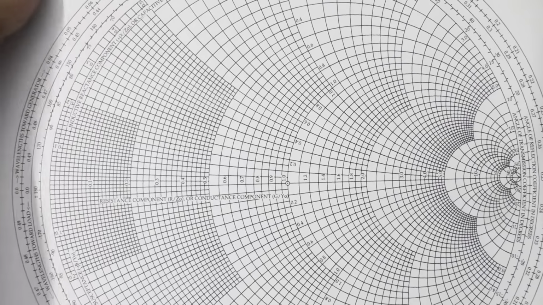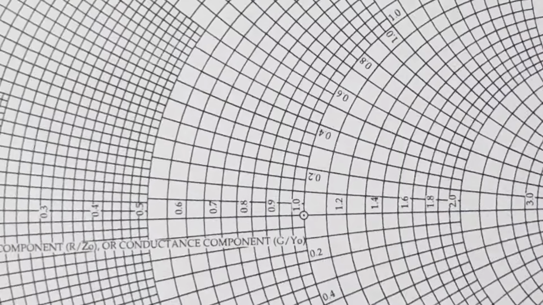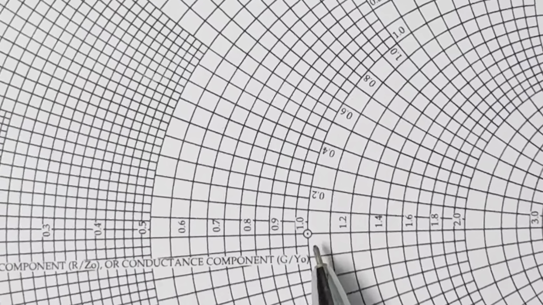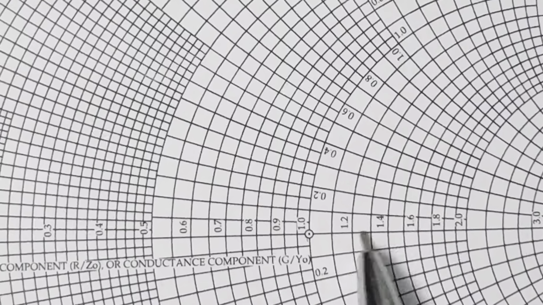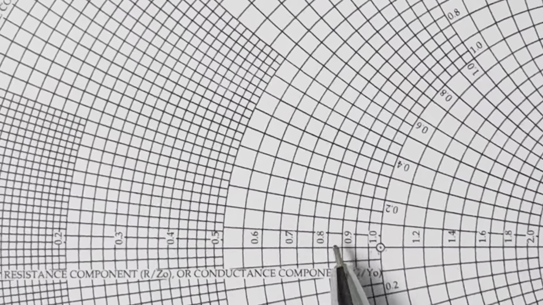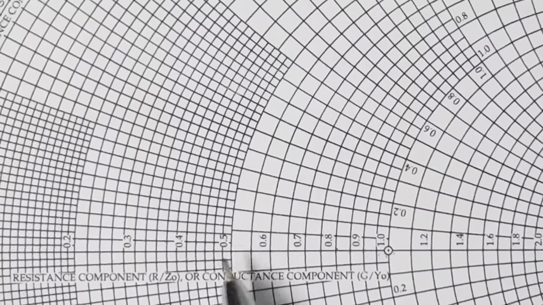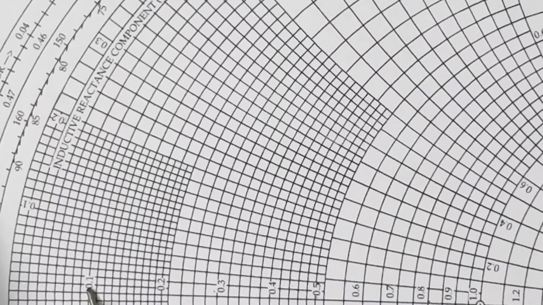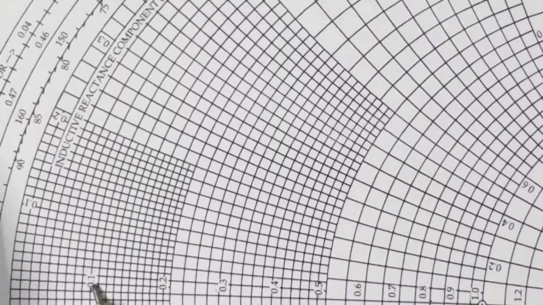Just come to the plot. First identify the 0.1 circle. Just look here, the values rise from 1, then 0.9, 0.8, 0.7, 0.6, 0.5, 0.4, 0.3, 0.2, 0.1. Here is 0.1. Now we have to highlight this circle.